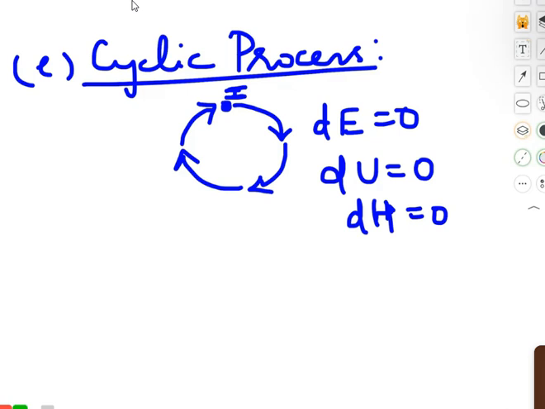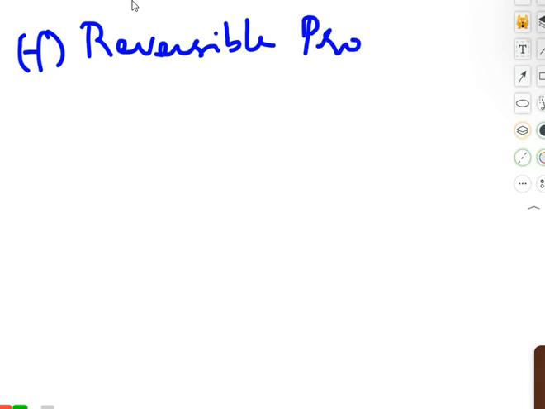Next one is reversible process. What is a reversible process?